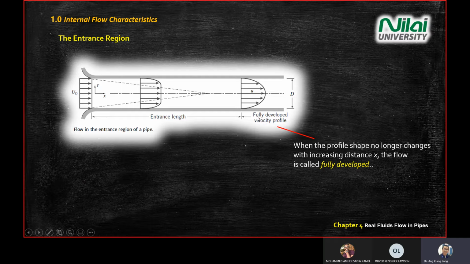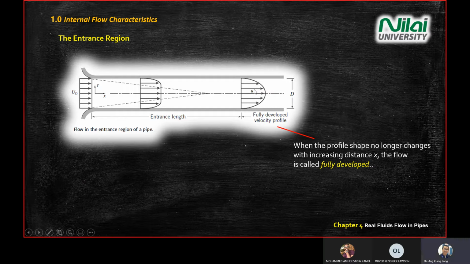The next one, the word fully developed. Fully developed means that the velocity profile that you have inside the pipe doesn't change. Even this section or that section, it will be the same profile. So before this location, you will get a velocity profile that keeps changing, until at a certain length, you will get a fully developed profile.